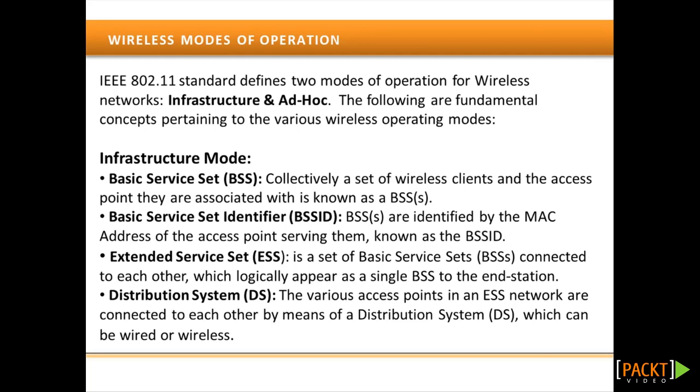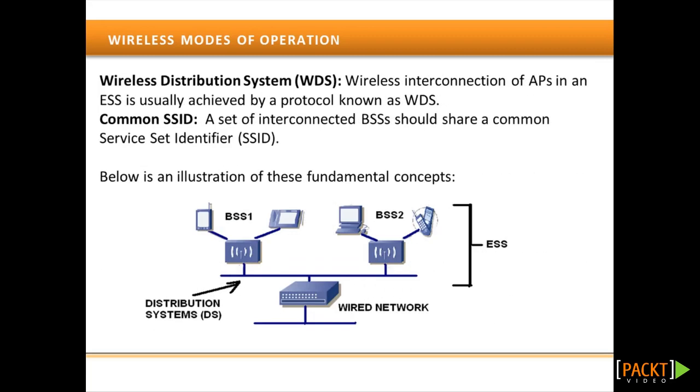The various access points in an ESS network are connected to each other by means of a distribution system, or a DS, which can be wired or wireless. Wireless interconnection of APs in an ESS is usually achieved by a protocol known as Wireless Distribution System, or WDS. Wired interconnection is managed by using regular wired uplinks to network switches, similar to physically switched networks.